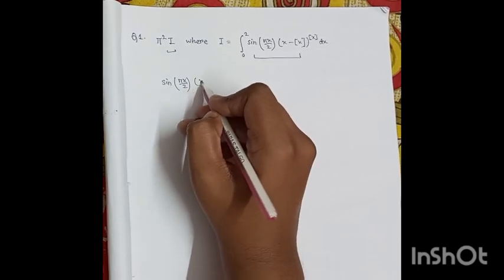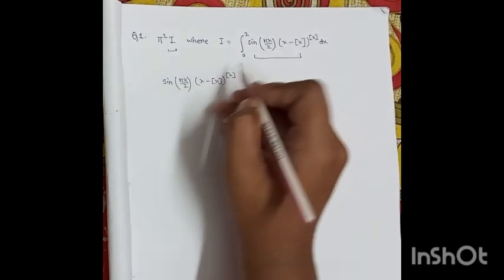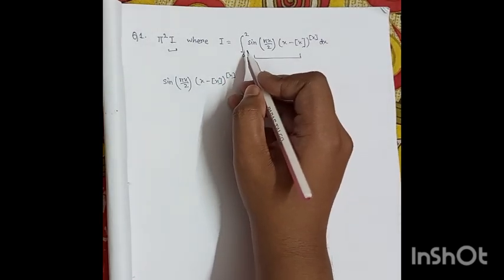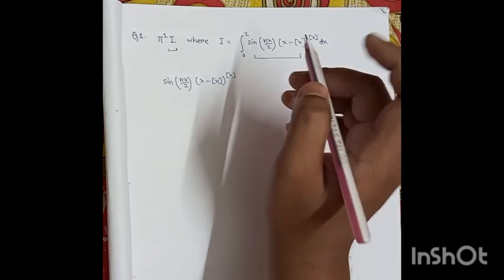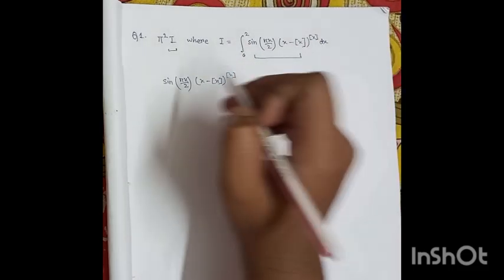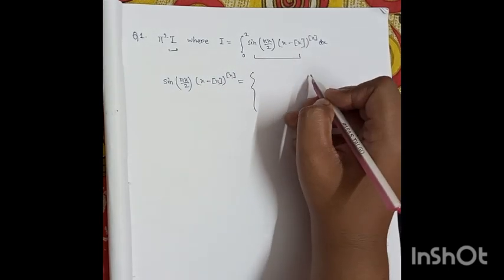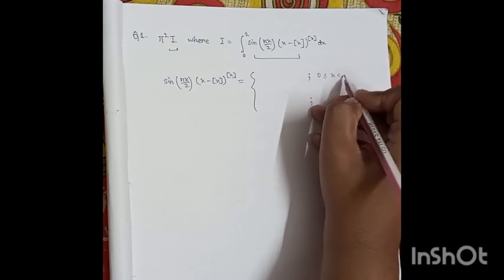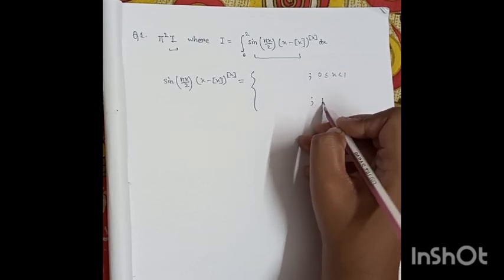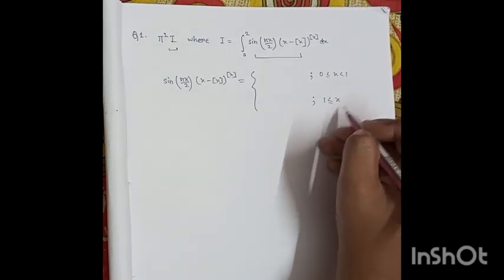It is discontinuous at every integer. So when x varies from 0 to 2, there is only one integer, which is 1. So we have to break this function at x equal to 1. So there will be two different functions when x varies from 0 to 2.